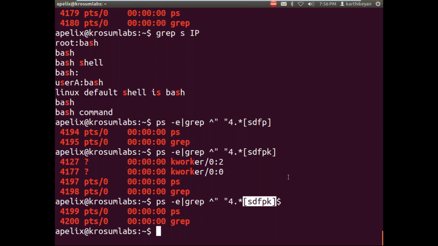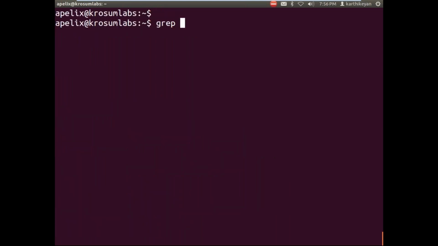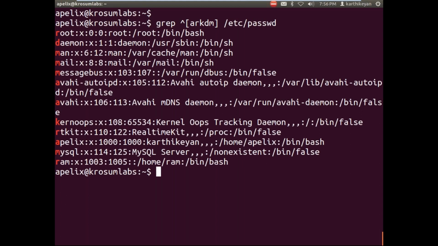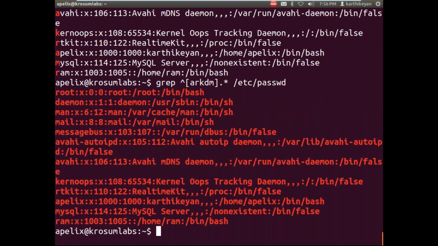If you put an anchor with the bracket, then it will start with the starting character. Suppose you take anchors: line starting with the character A, K, D or A, something random from a configuration file. Lines that start with these characters are matching, only one character. Then I put a dot star to scan everything inside.